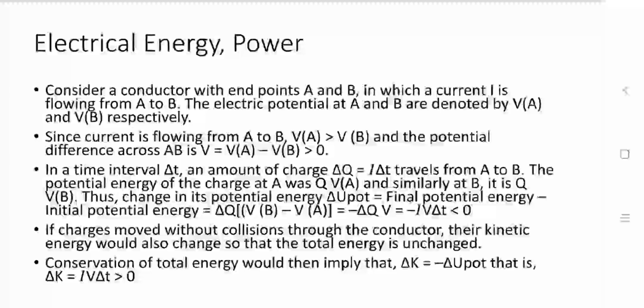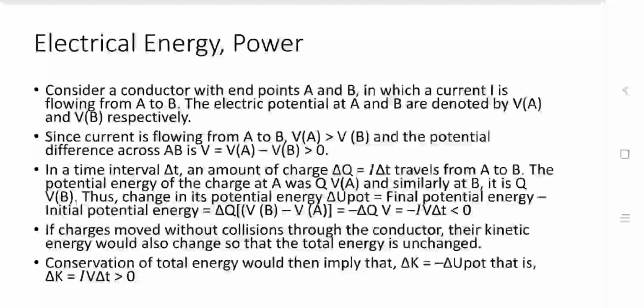So if charge is moving without collision through a conductor, its kinetic energy would also change so that the total energy is not going to change. Why? When charge carriers lose potential energy, they start to gain kinetic energy.